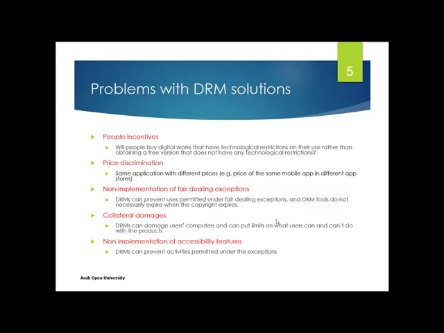The third one is that there is no implementation of fair dealing exception in DRMs, which is the case in copyrighted material. The fourth is collateral damage when trying to remove licenses. If I have a product with a license, removing the product might have collateral damage on other products or software installed. And finally, the non-implementation of accessibility features.